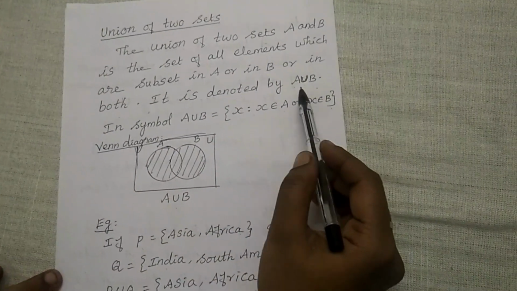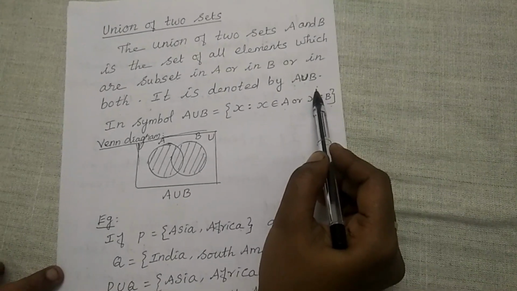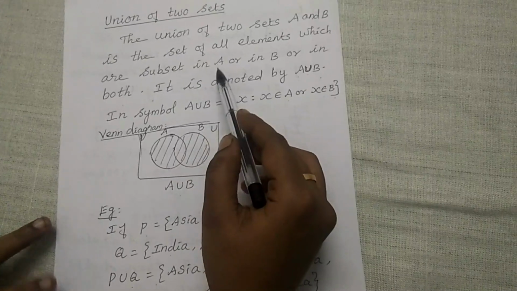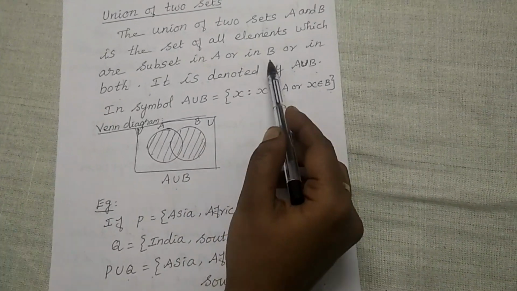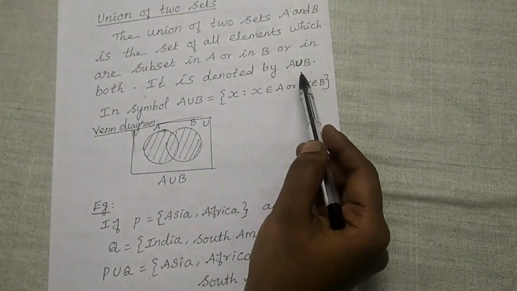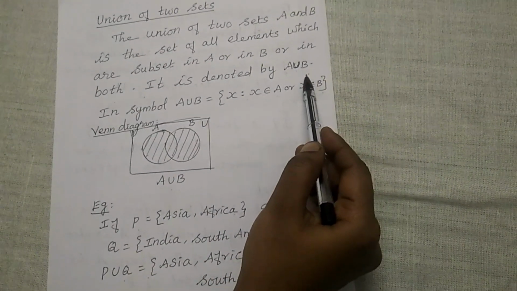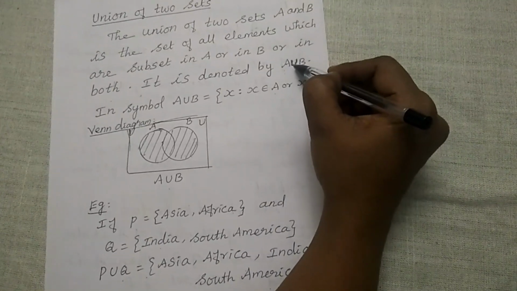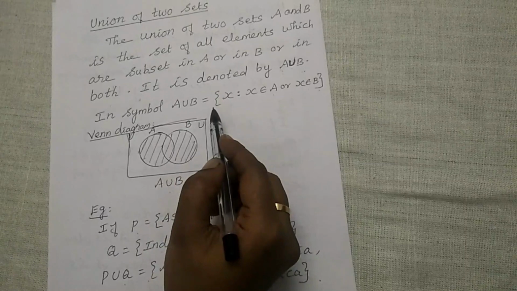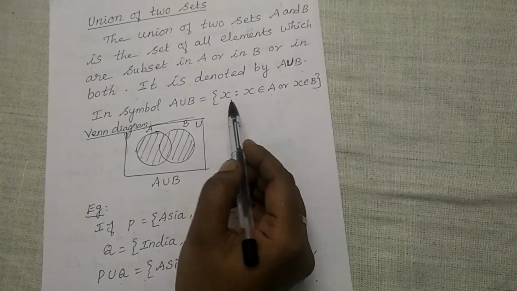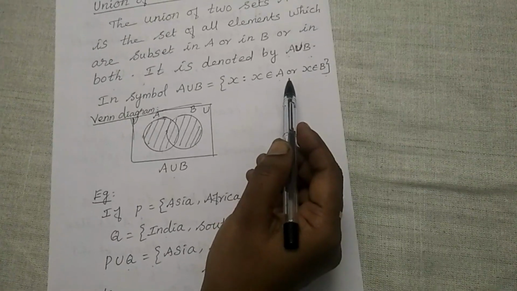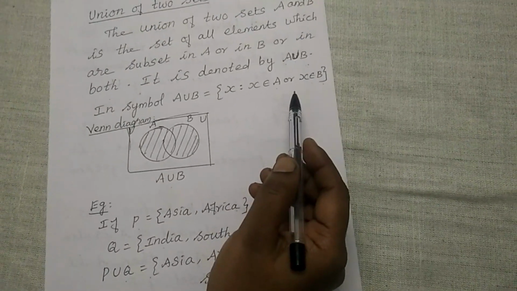It is denoted by A union B. This represents union. In symbols, A union B is equal to the set of X such that X belongs to A or X belongs to B.